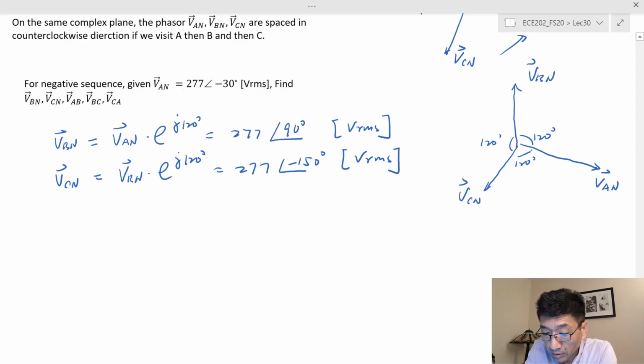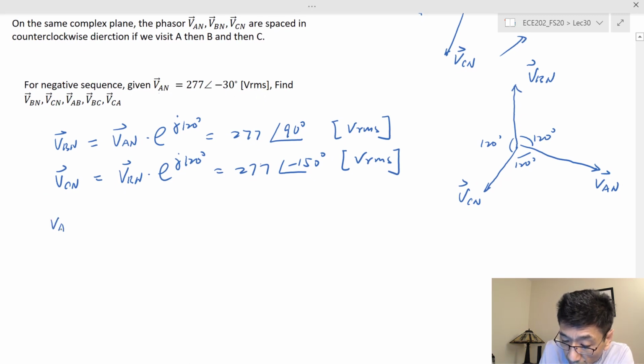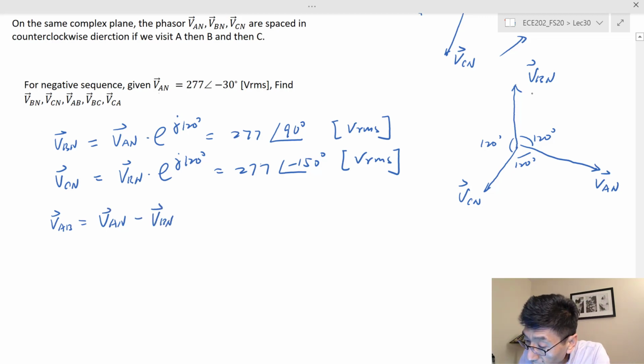These are the phasors. And therefore we have VAB, and that's equal to VAN minus VBN, right? So if I do draw the phasor diagram, this is going to be VAB.